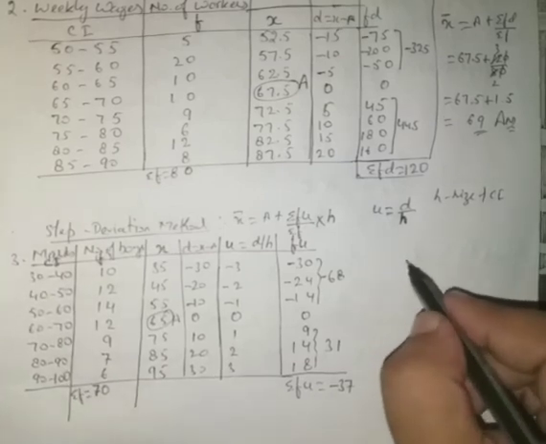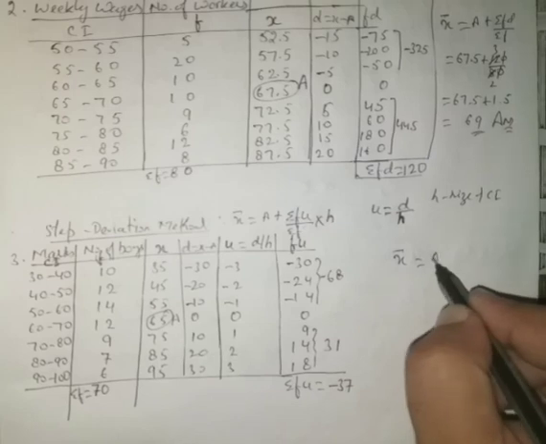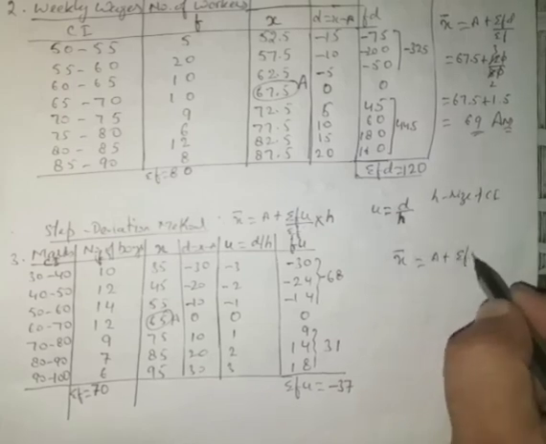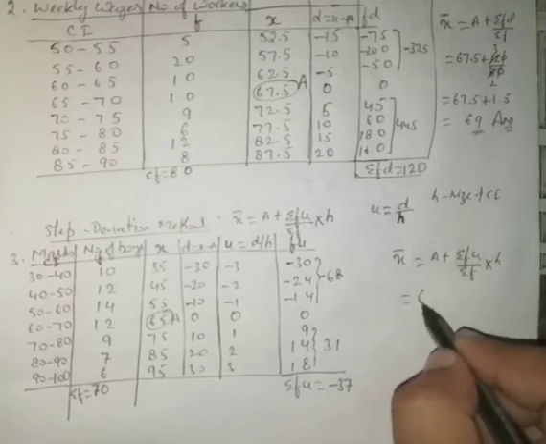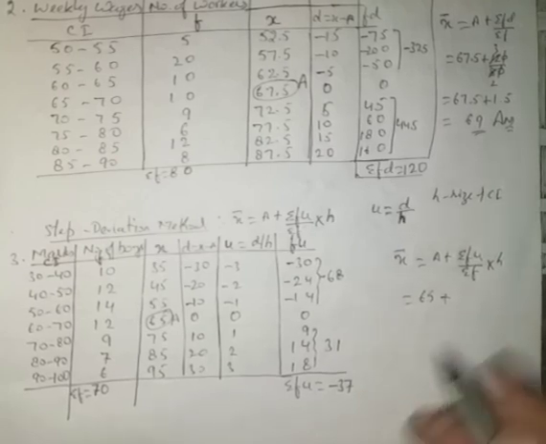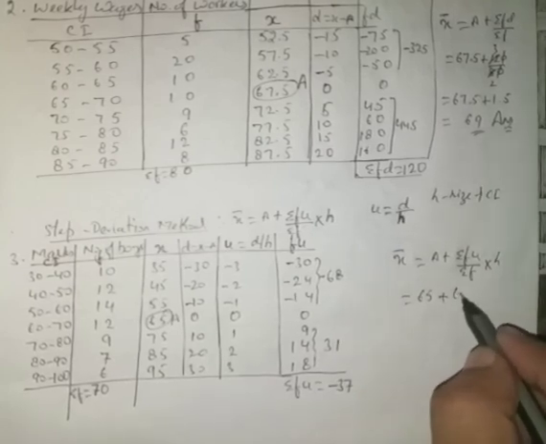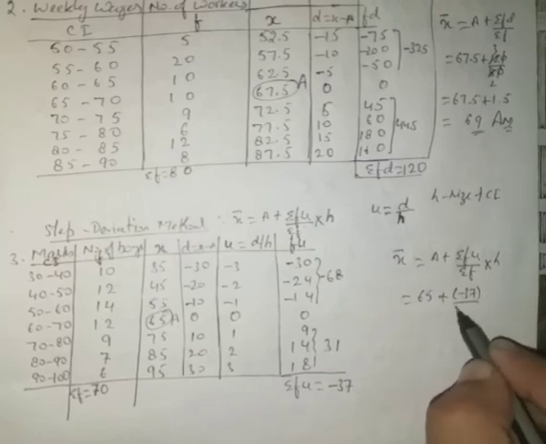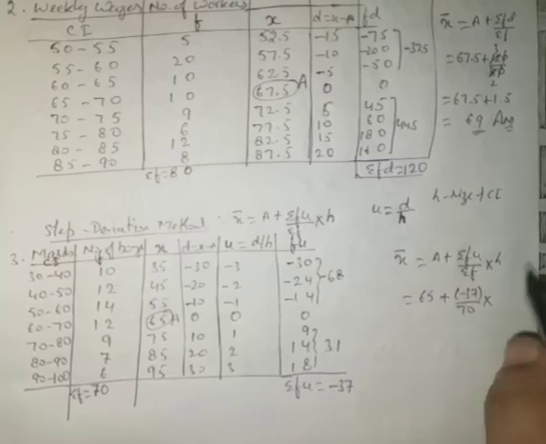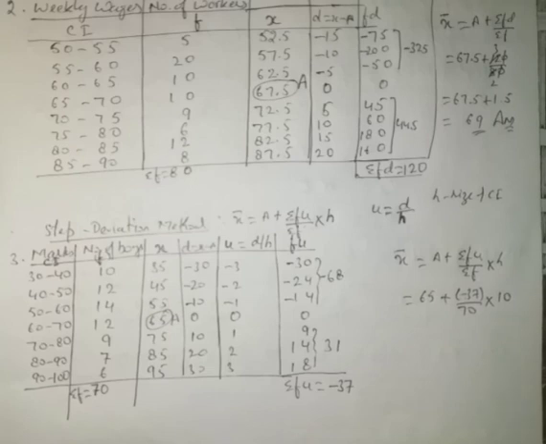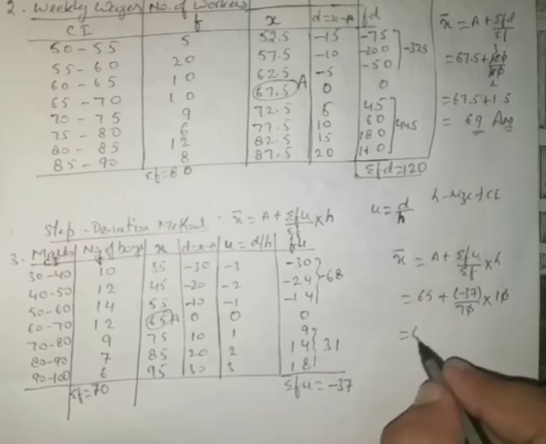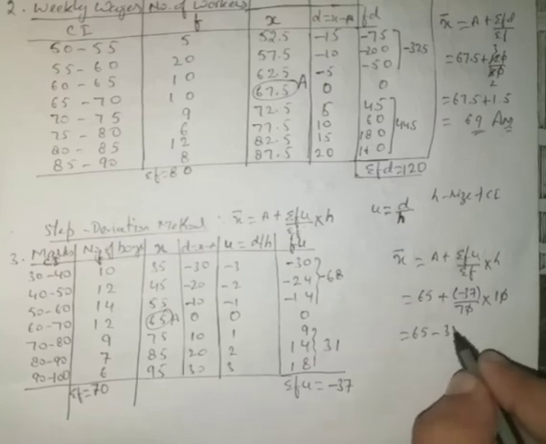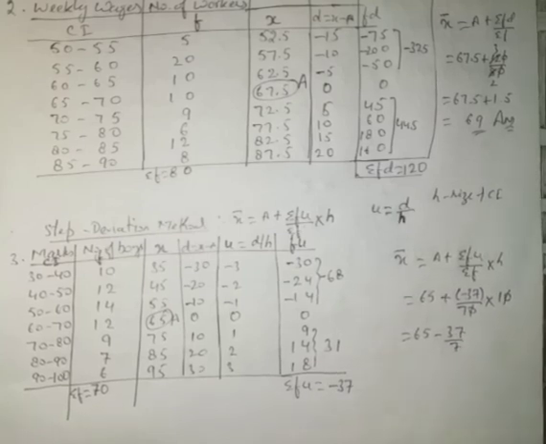Now using the formula, x bar is equal to a plus summation of fu over summation f multiply h. The assumed mean is 65 plus, summation fu is minus 37, summation f is 70, and h is 10, the class interval size. Now this 10 will get cancelled with this, and this will be 65 minus 37 over 7.